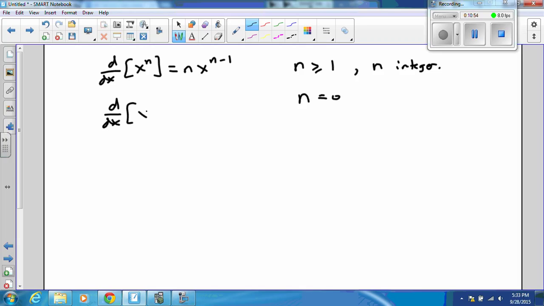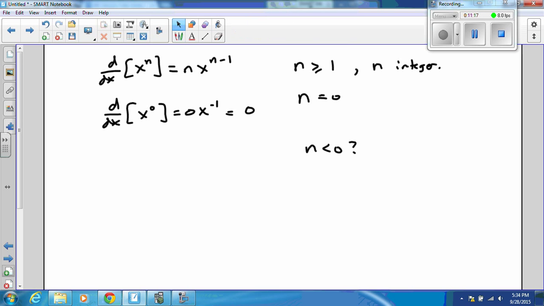Well, then that's true also because of the constant rule. So the derivative of x to the 0 should be 0 times x to the minus 1, which is equal to 0. And that's equal, and so that's correct because x to the 0 is a constant.